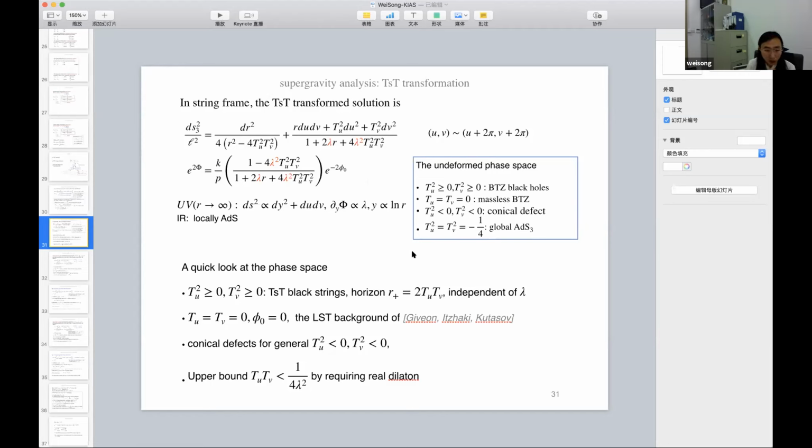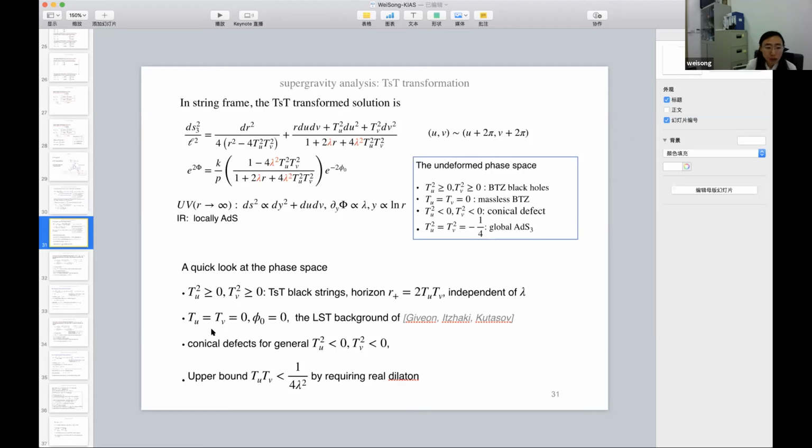In particular, when Tu and Tv are both real, they correspond to black strings, and the horizon is at this value, 2 times Tu times Tv, and this horizon is actually independent of lambda. This is consistent with our intuition that this deformation is irrelevant and it should not affect IR physics.